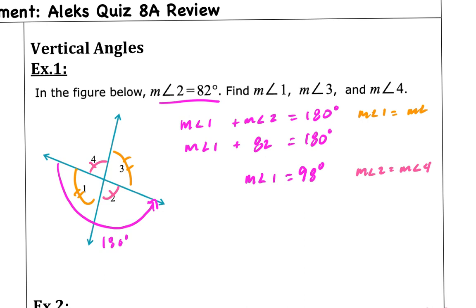So if the measure of angle 1 is 98 degrees, the measure of angle 3 is also 98 degrees, because they are both vertical angles, right? Which means that if the measure of angle 2 is 82 degrees, then the measure of angle 4 is also 82 degrees.